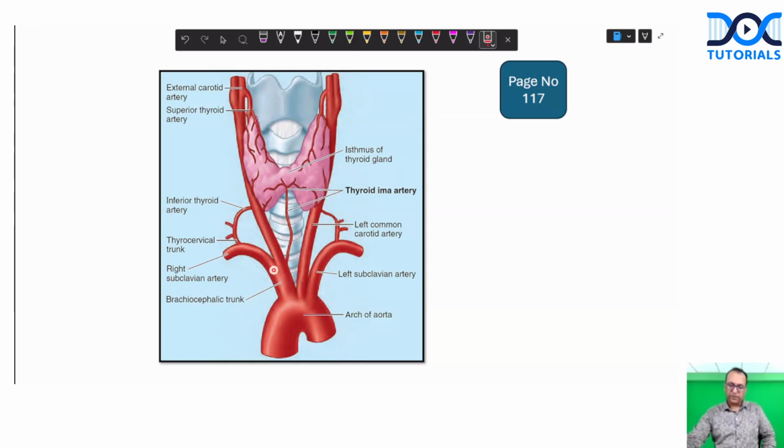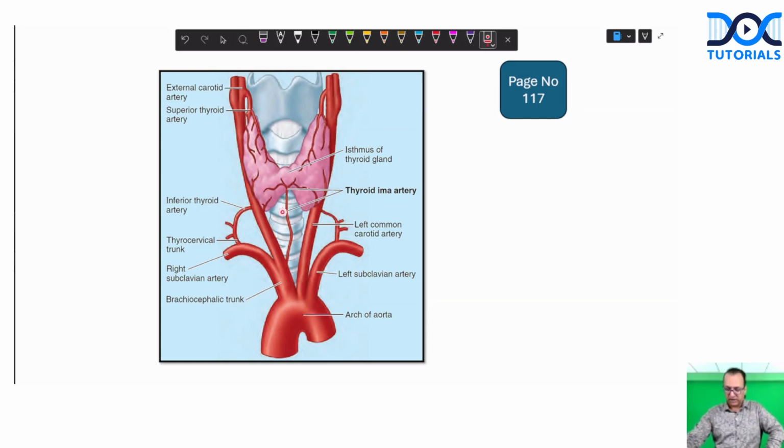Now, the first part of the subclavian artery gives VITAMIN branches. In the VITAMIN branches, T is thyrocervical trunk, and the thyrocervical trunk gives the inferior thyroid artery to the thyroid. Maybe from this side or this side, this is the inferior thyroid artery, which is coming from the first part of the subclavian. The inferior thyroid artery not only supplies the thyroid gland, it also supplies the parathyroid gland.